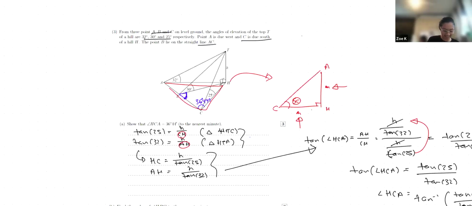Yep. So 132 degrees and 13 minutes. Okay, so we know this.